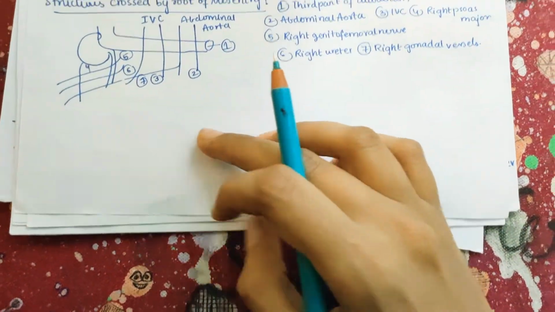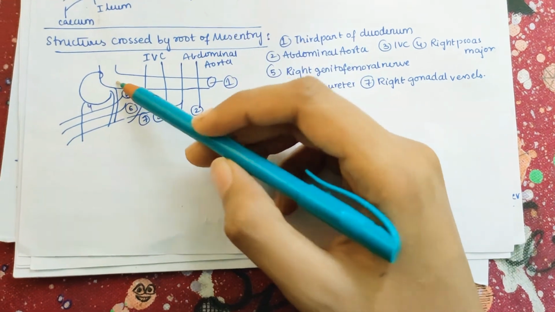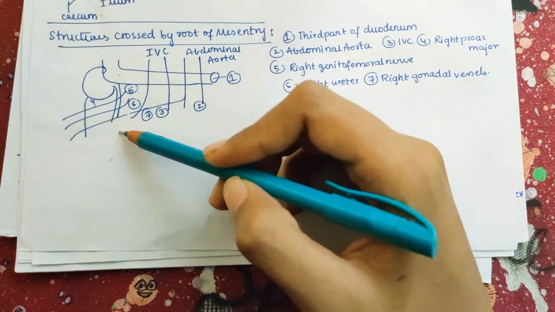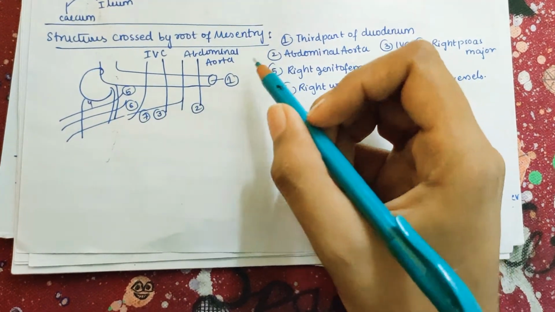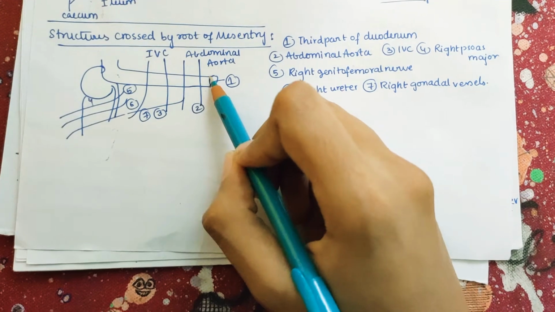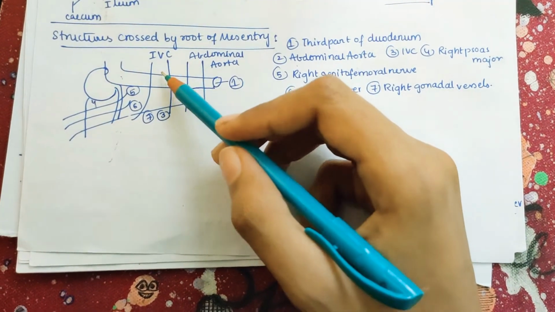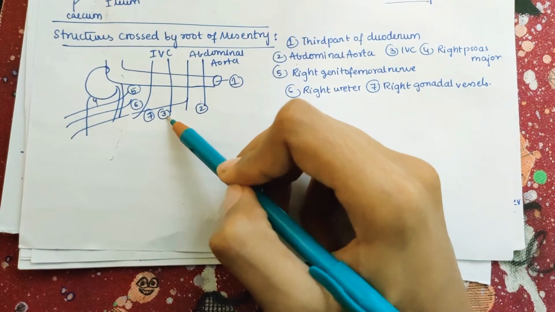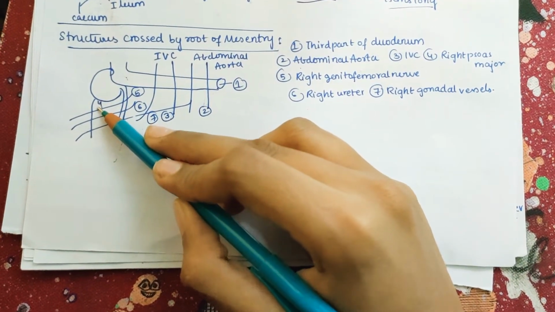Now let us see what are the structures which are crossed by the root of the mesentery. So from the root of the mesentery, what are all the structures passing? First is the third part of the duodenum. You can see this is the third part of the duodenum. Next you have the abdominal aorta. Next you have the inferior vena cava. Next you have the right psoas major muscle.